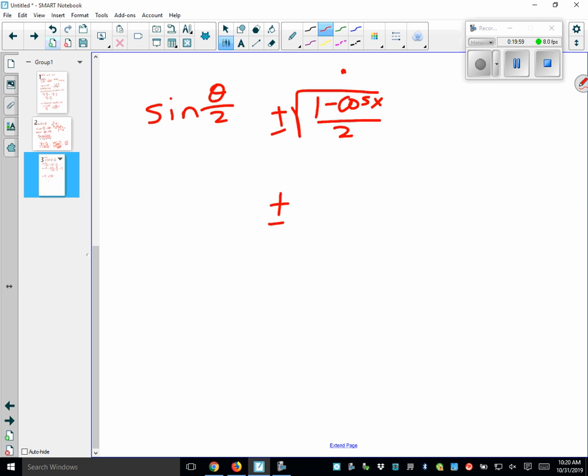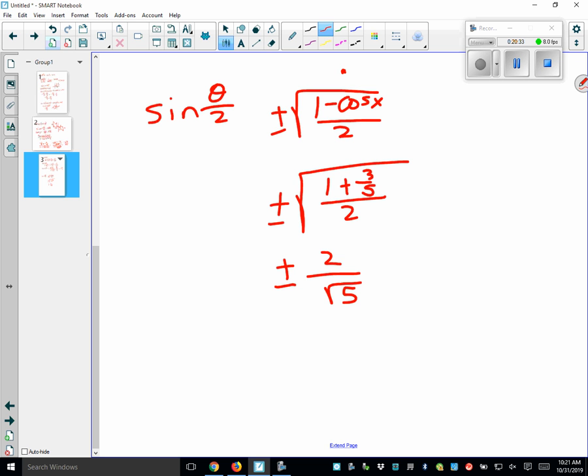Okay, so plus or minus the radical. What was cosine? 1 plus 3/5 over 2? Is that 8/5 over 2, which is 4/5? Yes. So I have plus or minus 2 over radical 5.